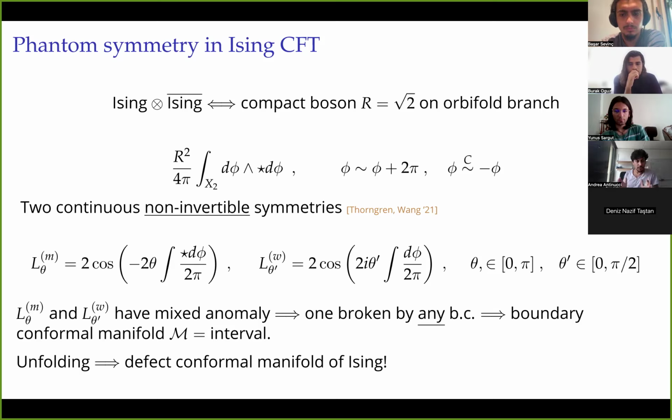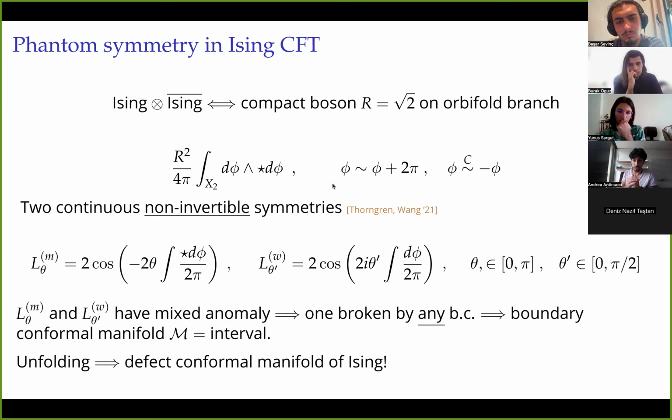There is a very simple fact that Ising times Ising is the same thing as a compact boson on an orbifold branch at radius equal to square root of 2. So just a compactified boson, where phi is equivalent to phi plus 2 pi, and it's a free boson. It has a charge conjugation symmetry.